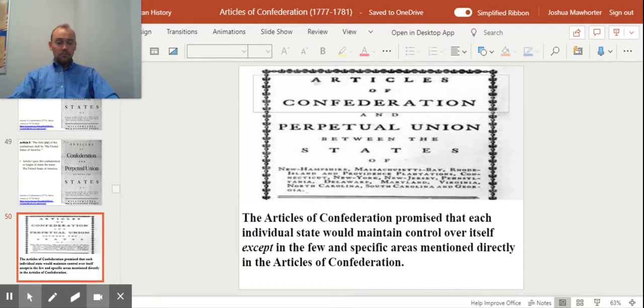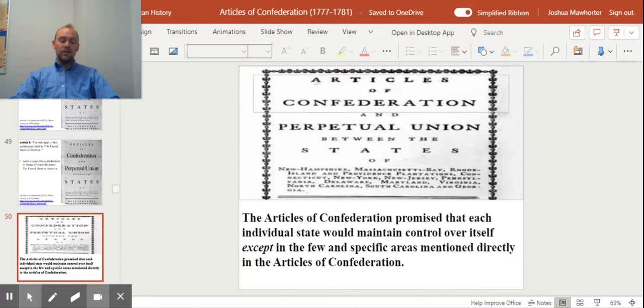Well, they know because of the agreement, the contract spelled out in the Articles of Confederation. They know because it's spelled out in the document.